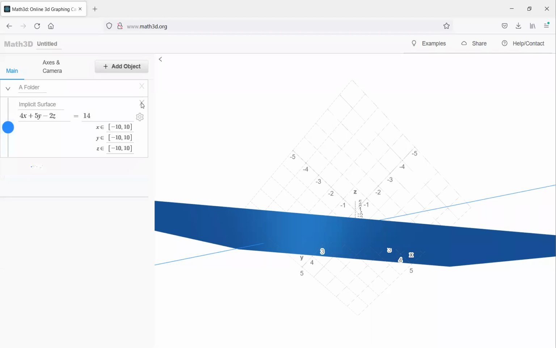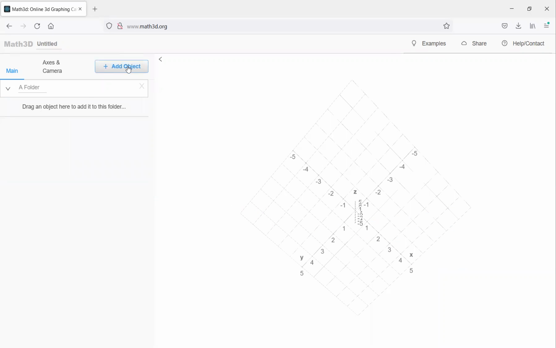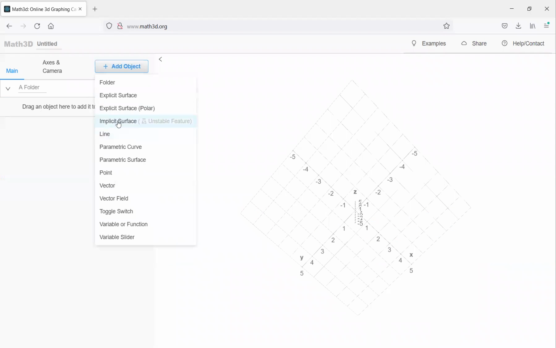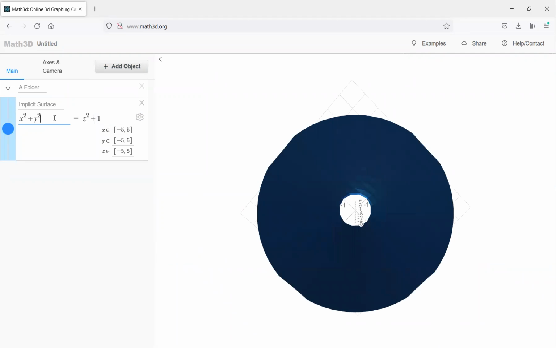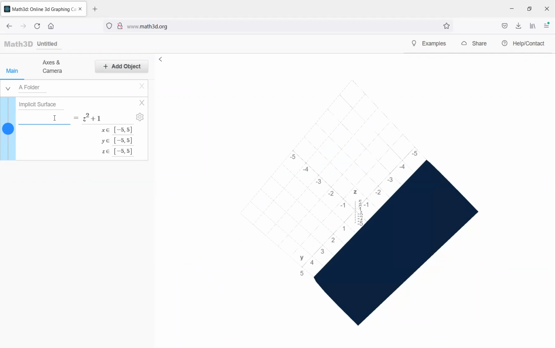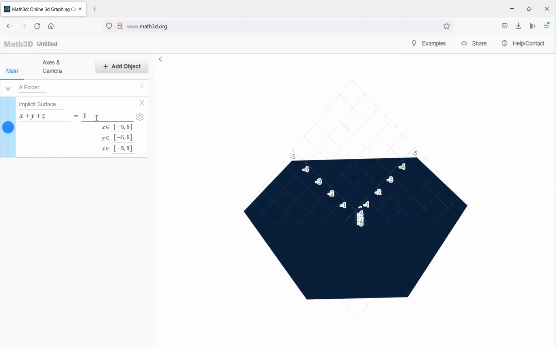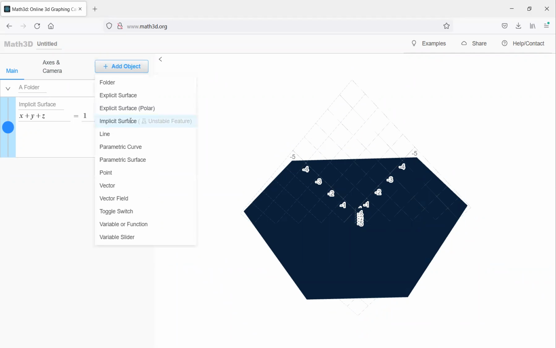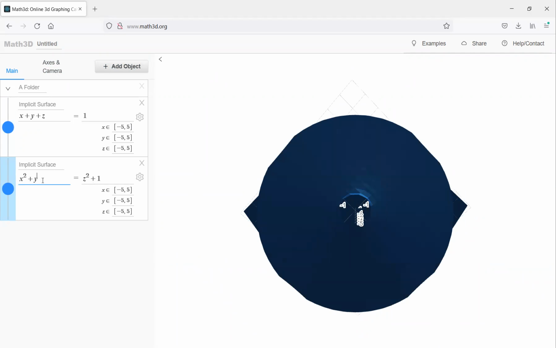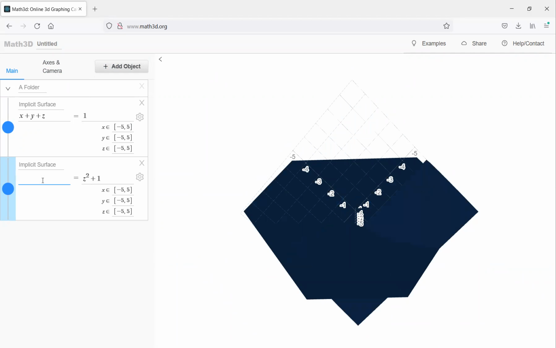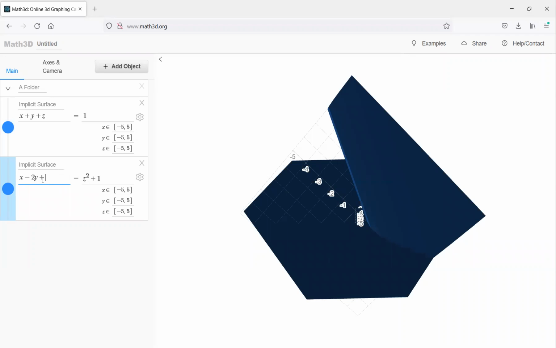So let us visualize these two planes, and we're going to check to see if they are actually intersecting or not. So the first plane is x plus y plus z equals 1. And the second plane is x minus 2y plus 3z equals 1.